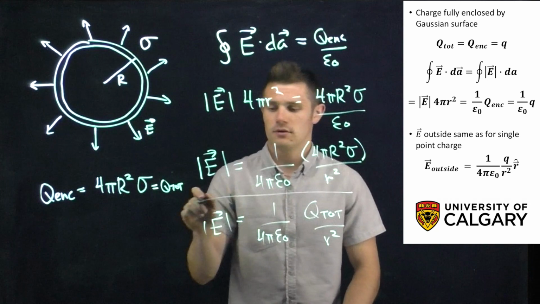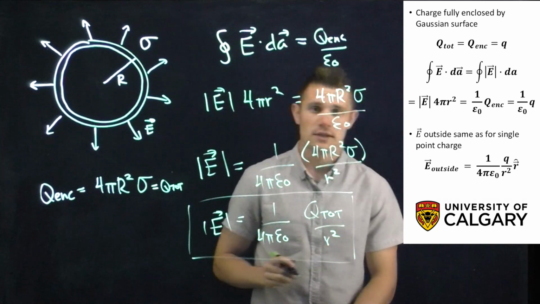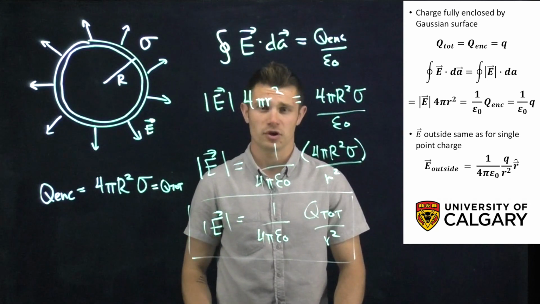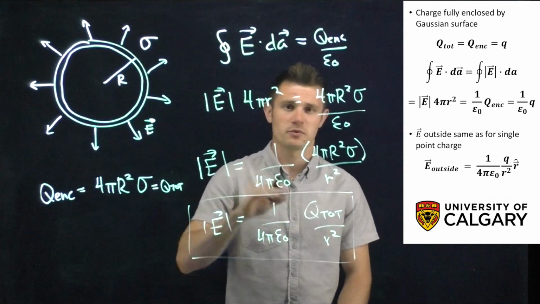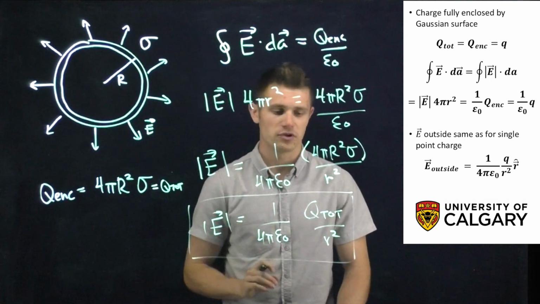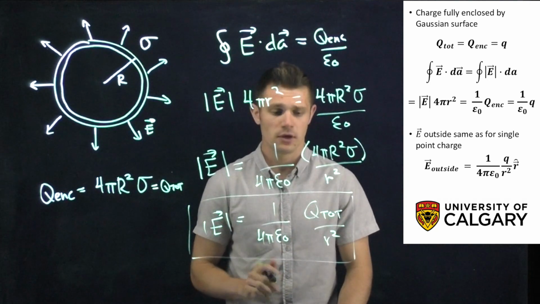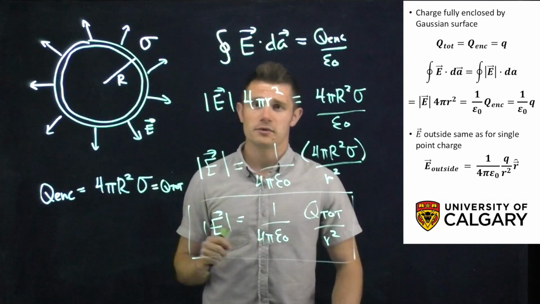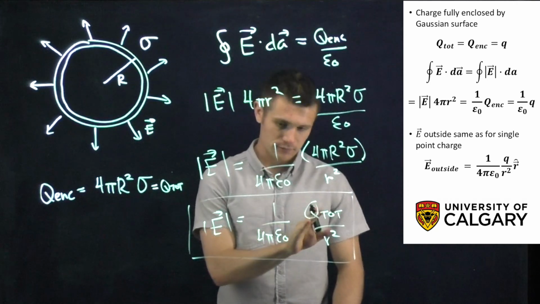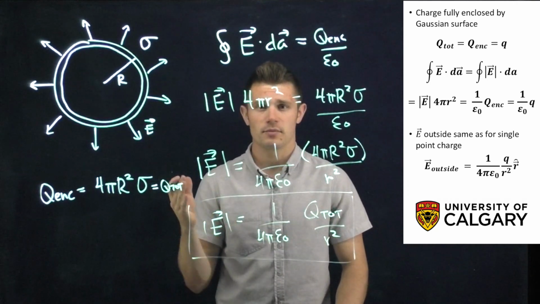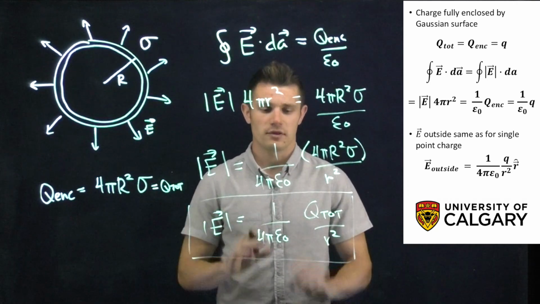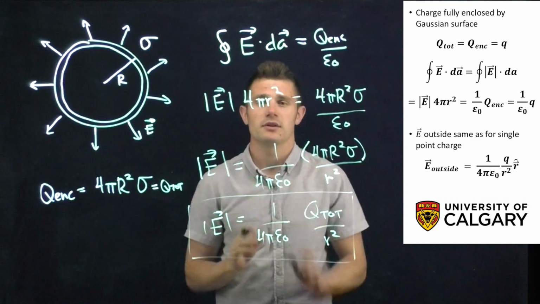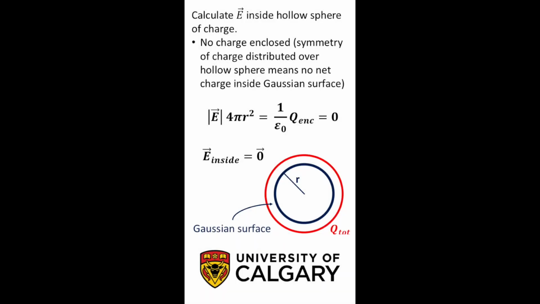This electric field is the exact same as what we found for the point charge, where q total was replaced by q, the charge of that point charge. This tells us that the electric field outside of a hollow sphere is the exact same as that produced by a single point charge, with the Gaussian surface surrounding the point charge at its center.